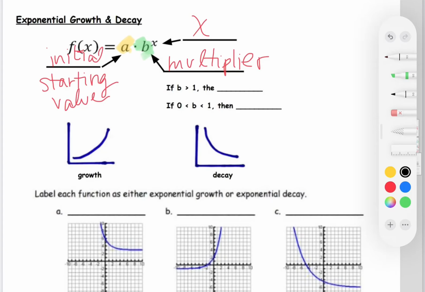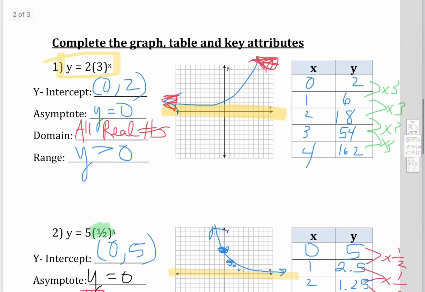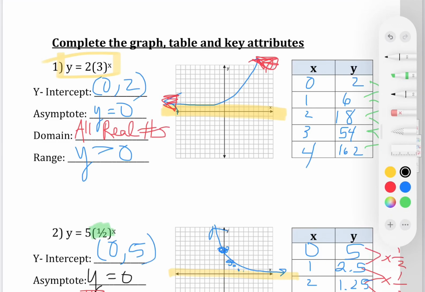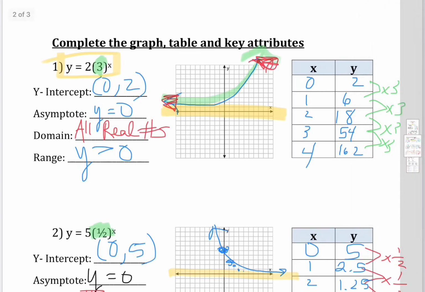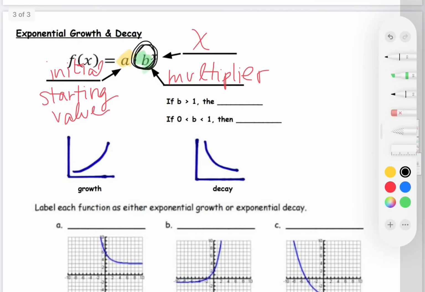All right, so what we know is that if this number right here, the multiplier, is bigger than 1, let's look at our example. In this one here, my multiplier was a number that was bigger than 1. So therefore, this graph went upward. So if your multiplier is bigger than 1, my graph is going to go up. If it goes up, it's called a growth.